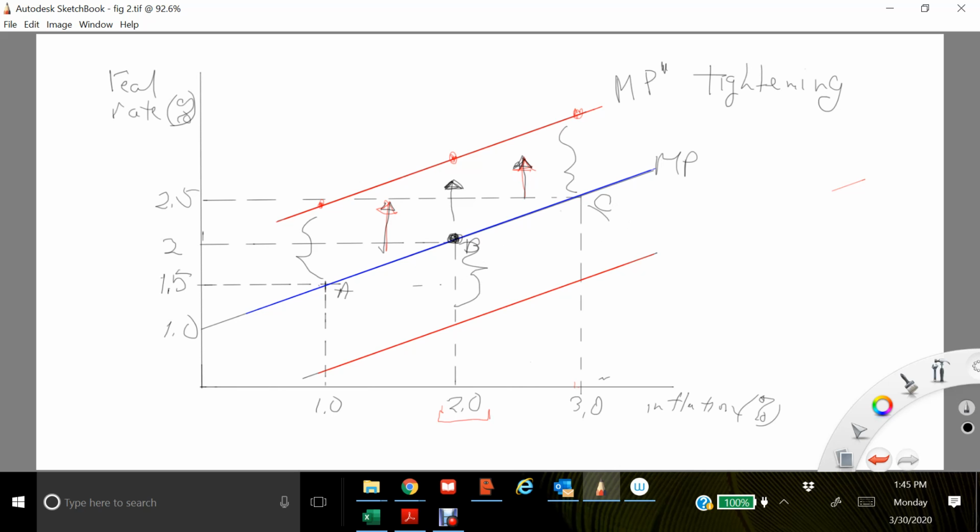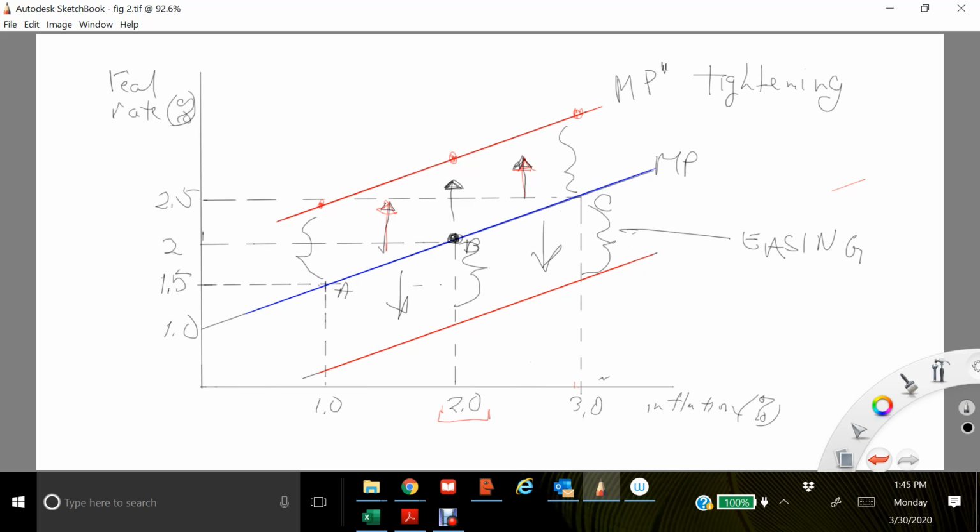So that's a parallel shift down of the monetary policy curve. And this is easing. Monetary policy is loosening and becoming more easy.